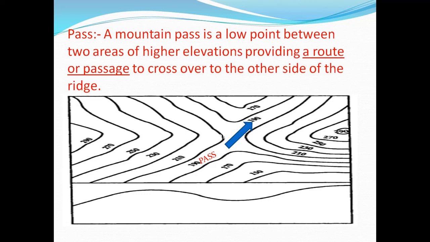This is all about identification of different physical features through the shape of contour lines or the different shape of the contour index line. We can be sure about the shape of the landform we find in that particular area. Now let us have a look into the cultural features in a topographical map.